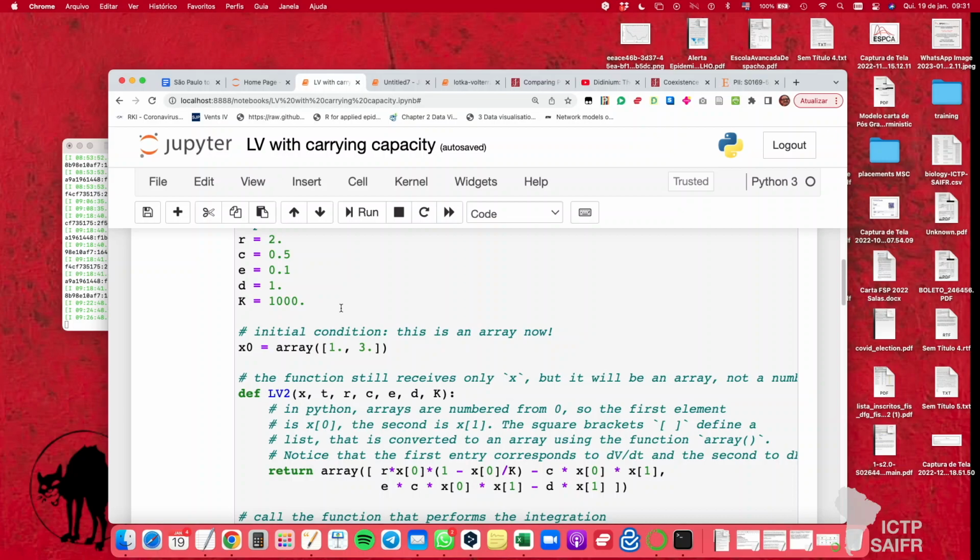It's exactly the same thing. We had this one, and we discussed that, therefore, let's remember. What is this f? If I have one predator, that's the number of prey consumed by one predator per unit time.